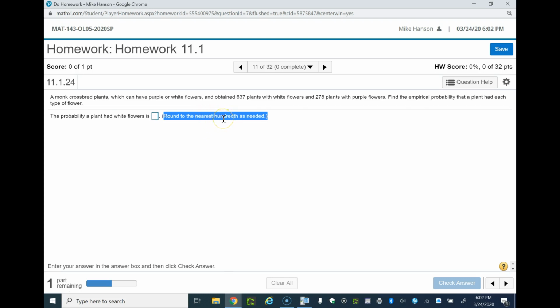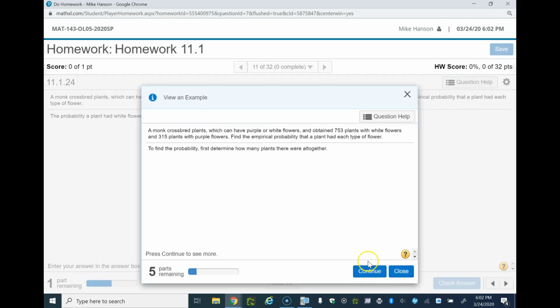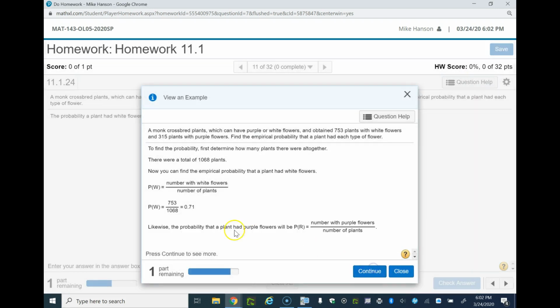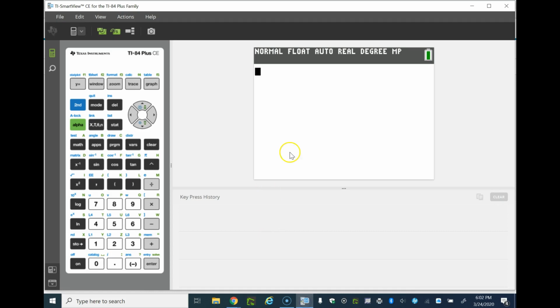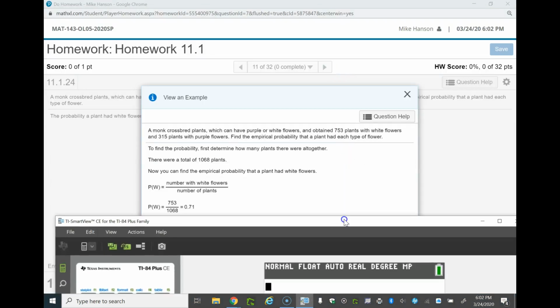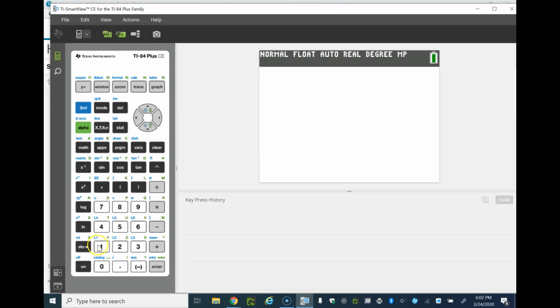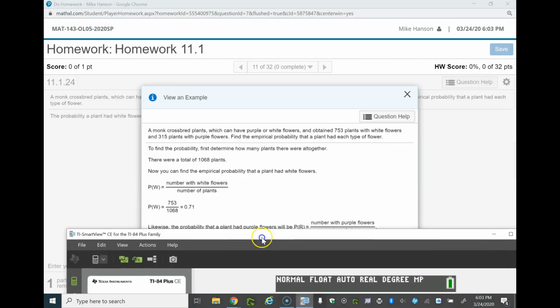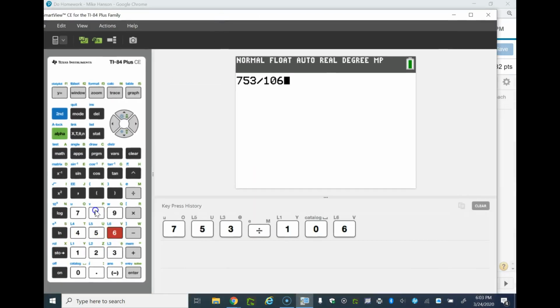Rounding to the nearest hundredth is 2 places behind the decimal. So this is why we get 0.71. Just to give you one more look at it, we have 753 divided by 1068.